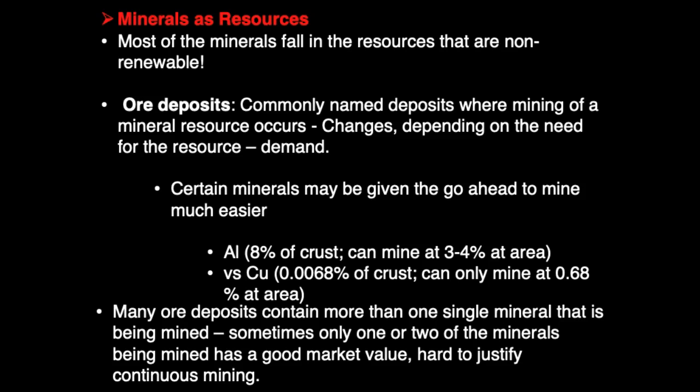But the other minerals are good to mine at the moment. For example, the Bingham Canyon mine just outside of Salt Lake City produces nearly 25% of the refined copper in the US. But in addition to producing 300,000 metric tons of copper, it also produces about 400,000 ounces of gold, 4 million ounces of silver, and 25 million pounds of molybdenum.